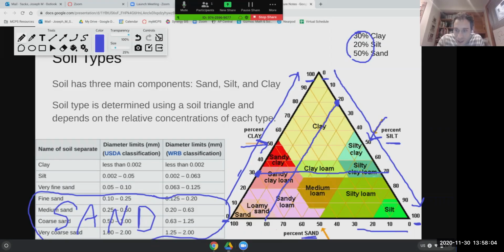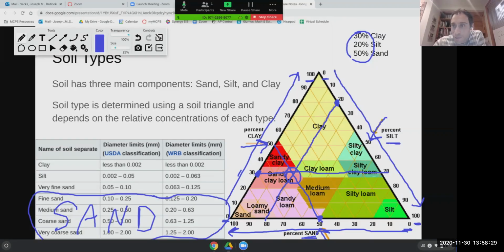That counts up this way from 0 to 100. I got 50% right there. This one tells me I need to go up and to the left, so I follow my contour up and to the left. And where all those points intersect, boom, right there, that is your soil type.